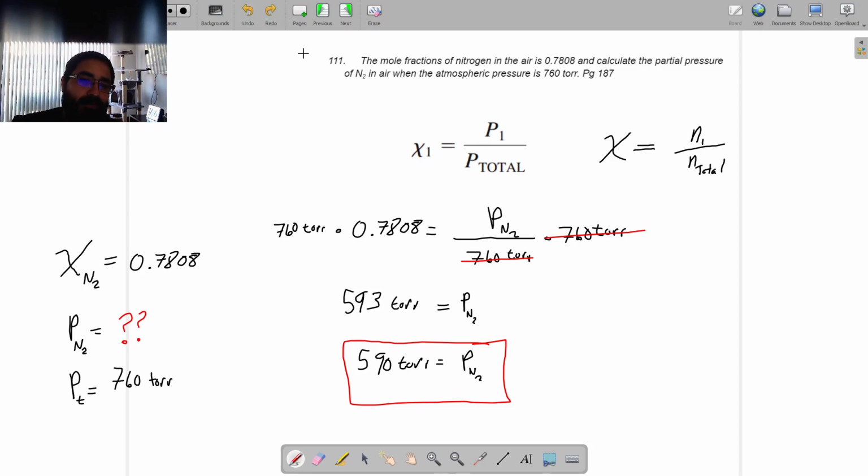So just keep in mind that even though you have the formula, sometimes the questions might give you less information, but it's information that you can use to figure something out.